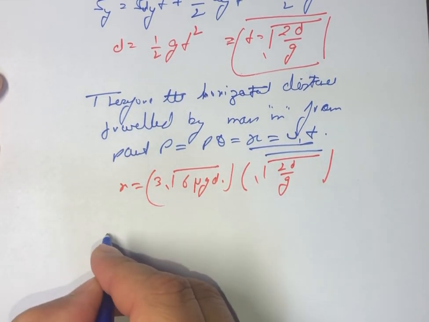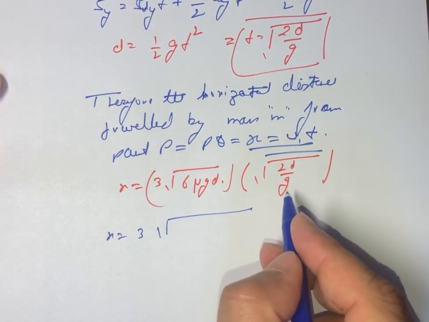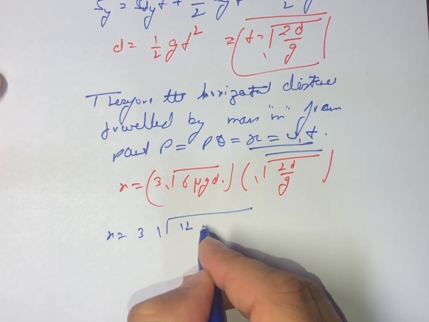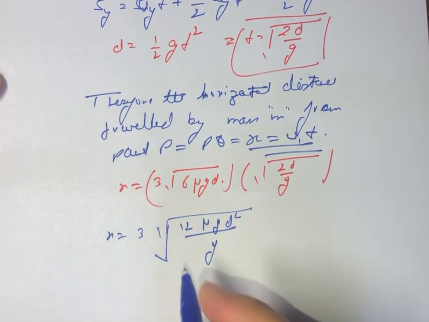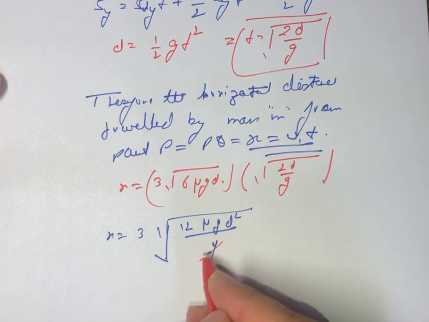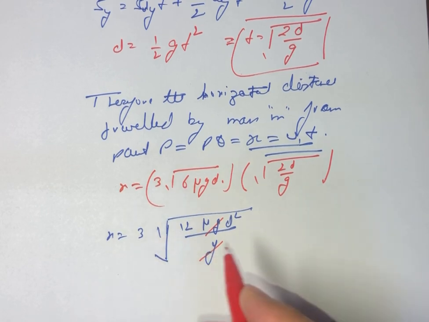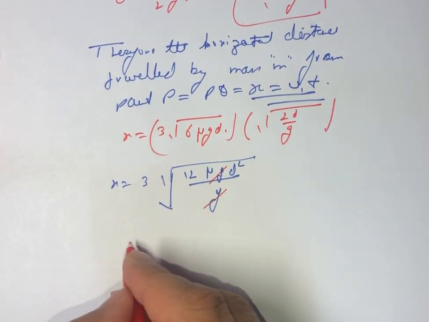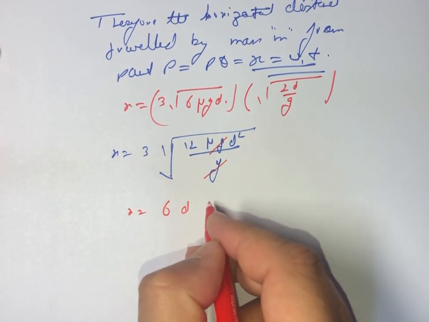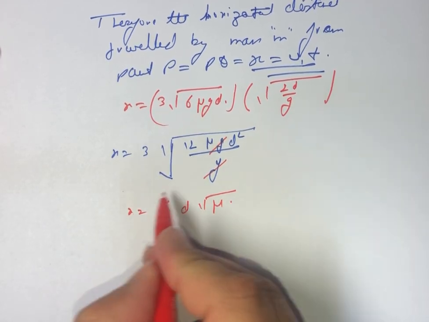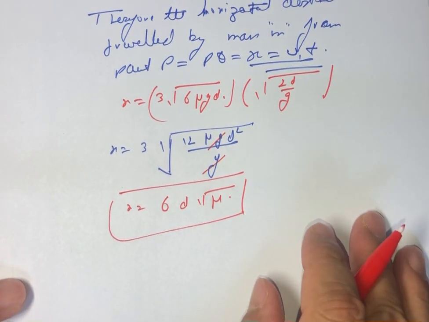So we can write x is equal to 3 square root of 12 mu g d square divided by g, and here g and g cancel out, and we can take the square root of 4, so x is equal to 6 d, and the square root of mu. So this is the horizontal distance traveled by mass m.